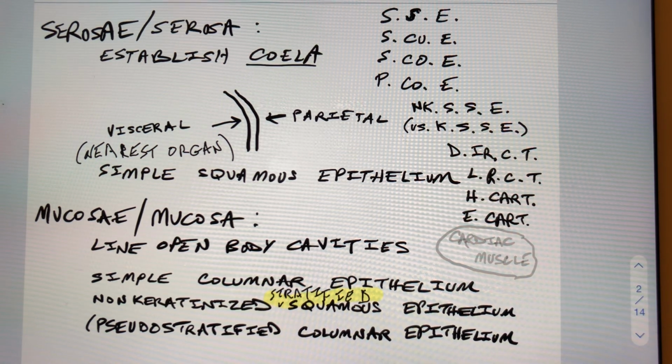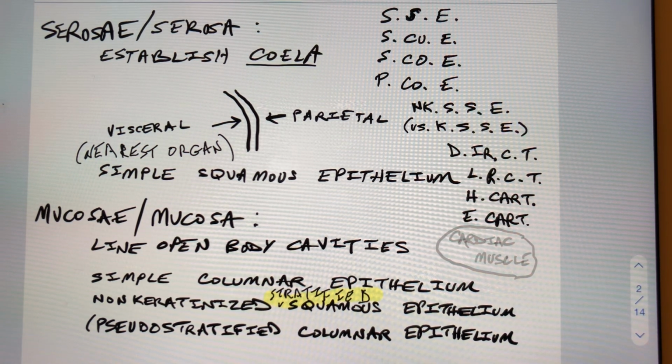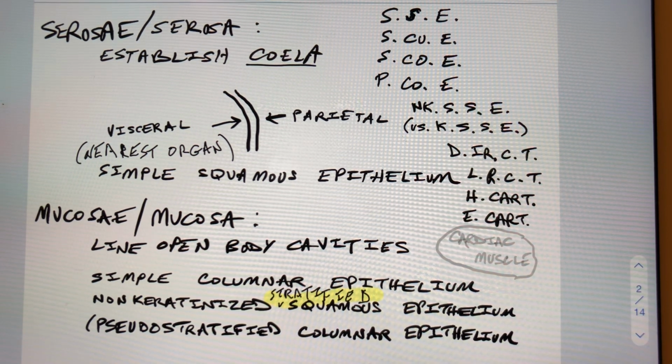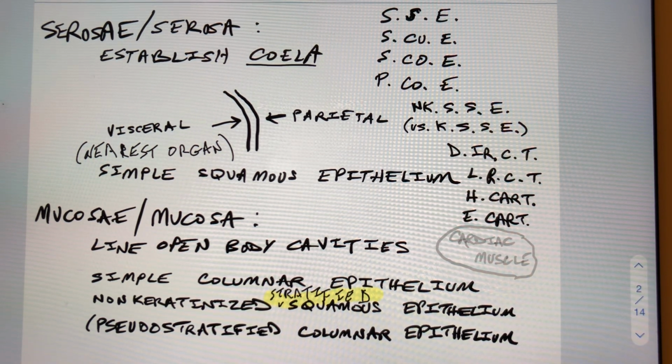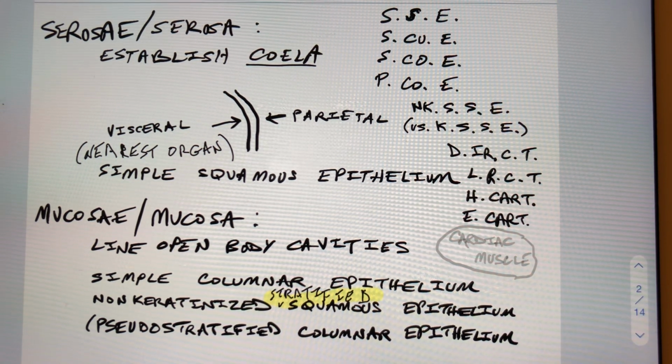I don't know that you actually need to practice your tissues. You might feel like you're not all that rusty, but for those of you that are, it's not a bad idea to go through and just make sure that you can identify which tissue is which. But again, more important, at least in 242, is to be able to identify locales. Where is it found? Where is it located?